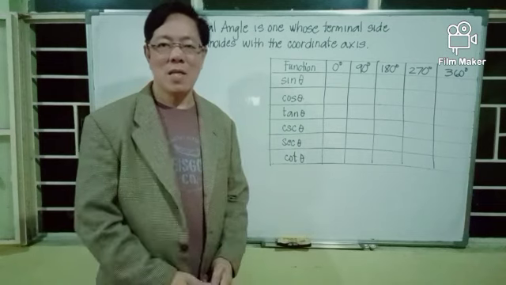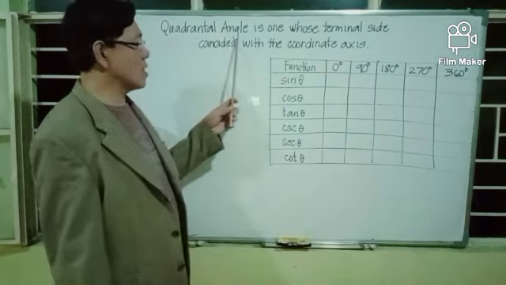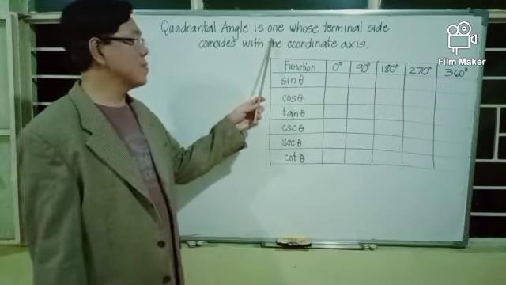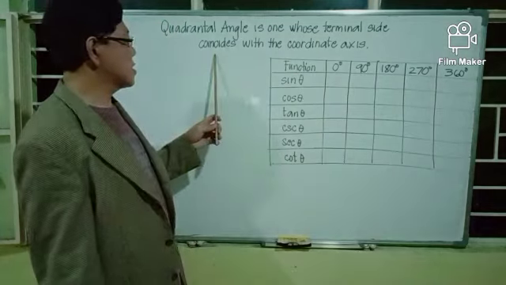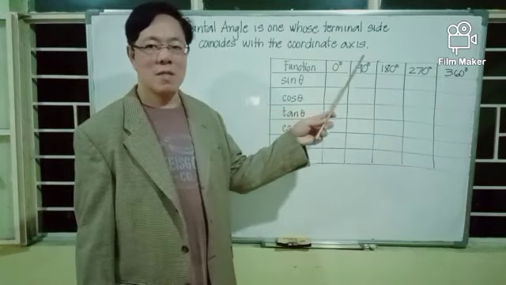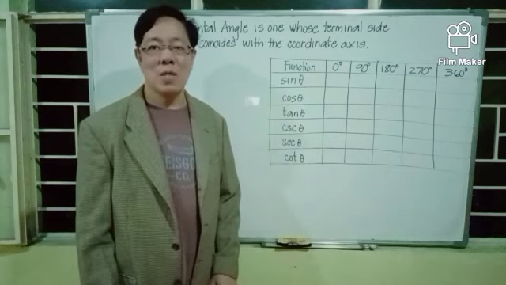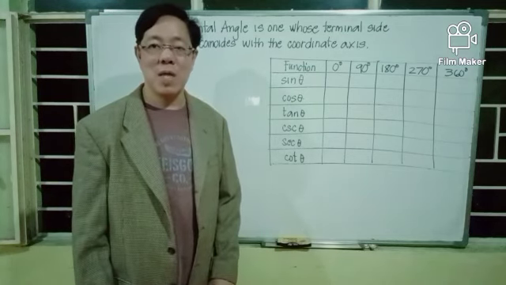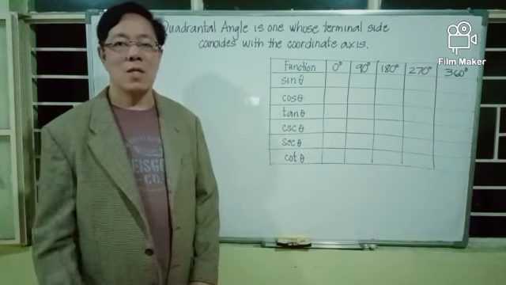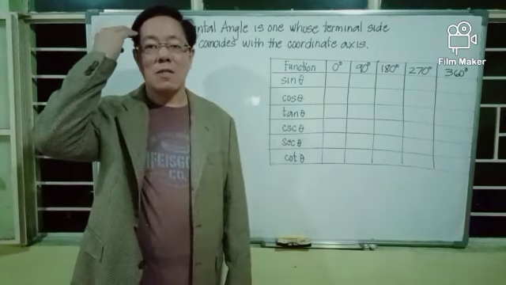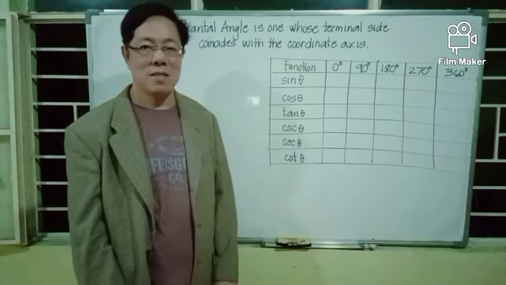Again, a quadrantal angle is defined as follows: an angle whose terminal side coincides with the coordinate axis. That is, if you construct the quadrantal angle in the Cartesian plane in standard position, the terminal side of a quadrantal angle lies on, or coincides with, one of the coordinate axes.